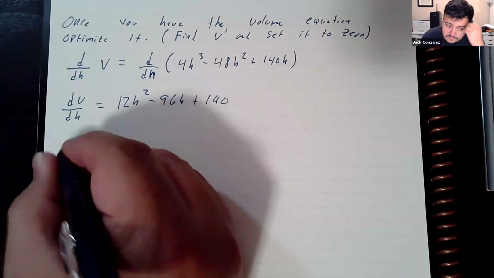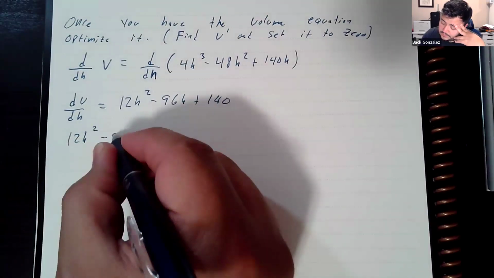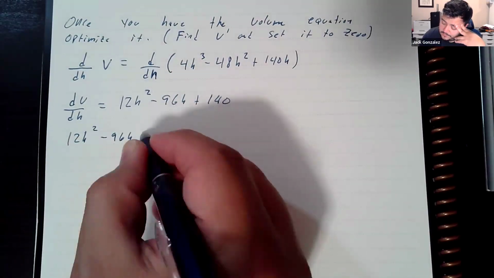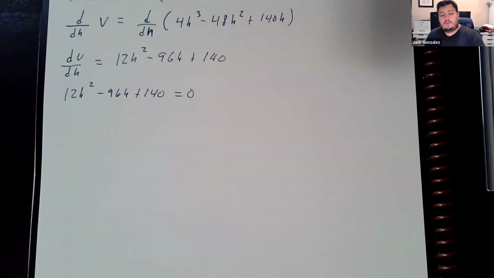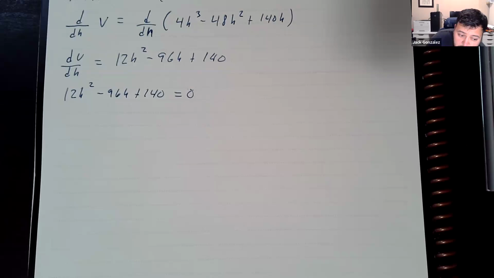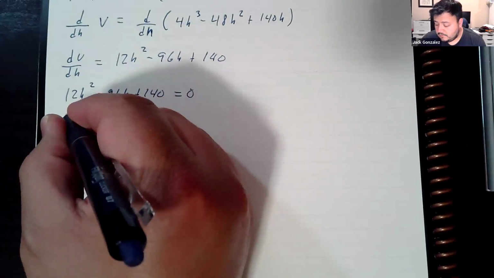So 12h squared minus 96h plus 140 equal to 0. It doesn't factor nicely, so we're going to have to do the quadratic formula. I'm going to skip that step because I'm pretty sure you know how to do the quadratic formula.